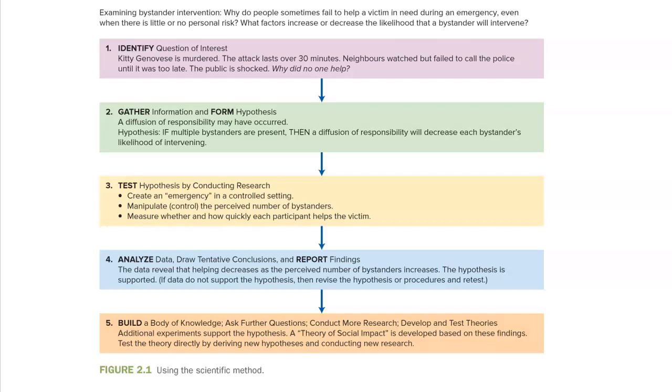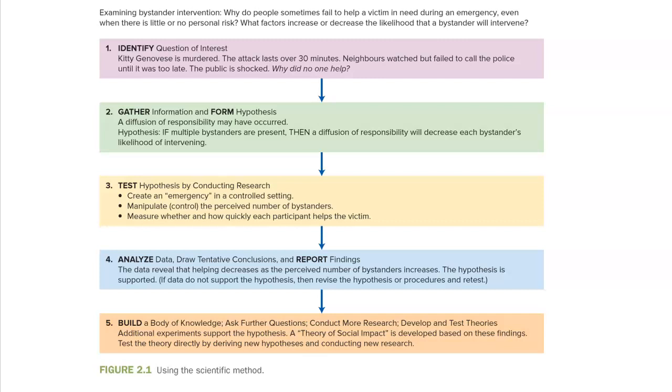Some neighbors did call police once they no longer heard anything happening, but why did no one help during the attack? The police later interviewed the apartment complex, and multiple people admitted they heard stuff or they watched from their window, but no one did anything.